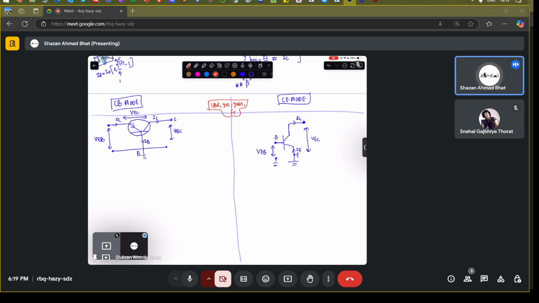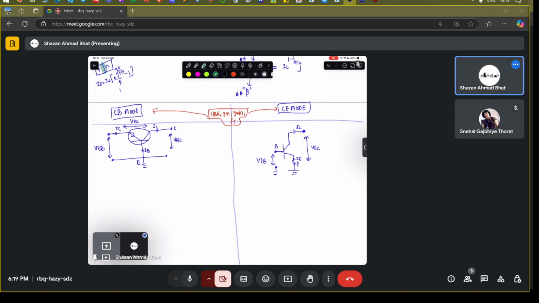All of these parameters are going to depend on whether you use a common base mode or a common emitter mode. So that is why these particular modes of BJT are very important, because they directly affect these parameters. And if you are taking this course from the beginning, then you know how these parameters are really important for your high power applications and for your microwave frequency applications. Okay, so that is what we are going to see.